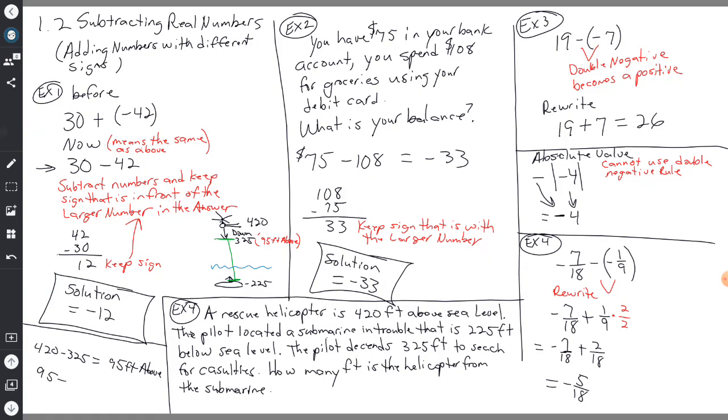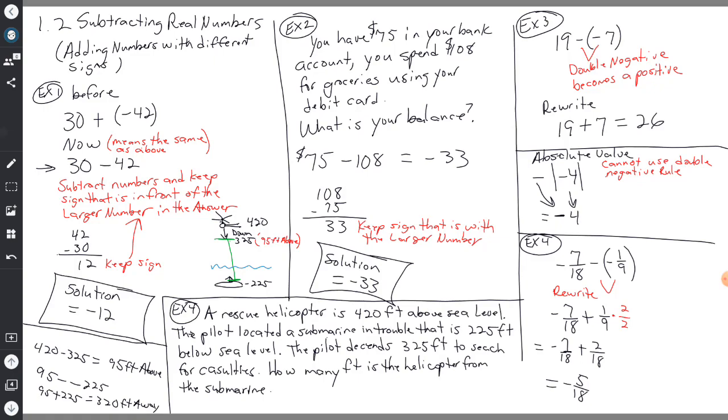So 95 minus a negative 225 does become a plus. That double negative does become a plus. All right, let's give us what? And so 320 feet away from the submarine.